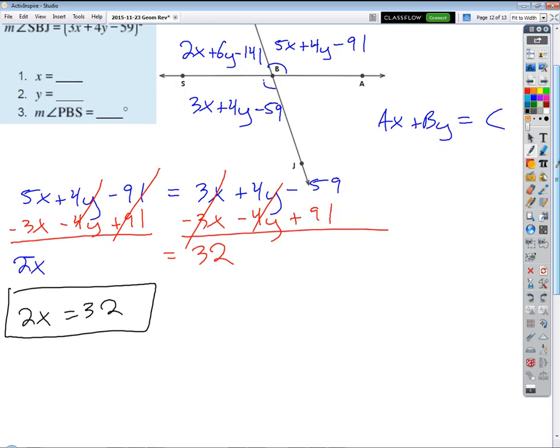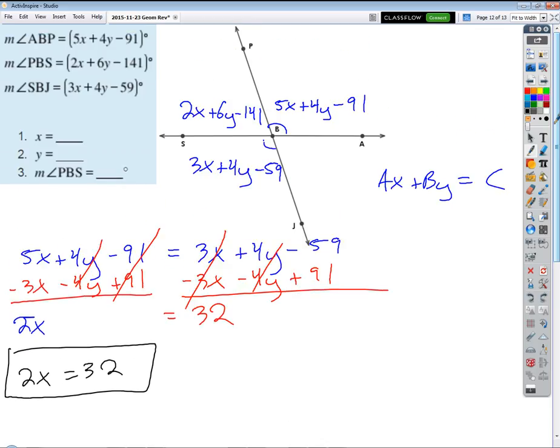This is going to run out of space here. Let me do this.